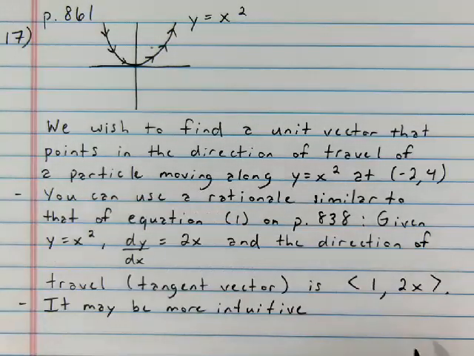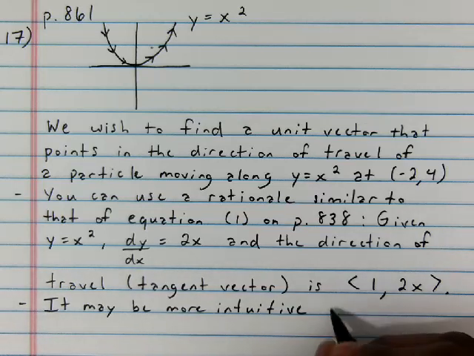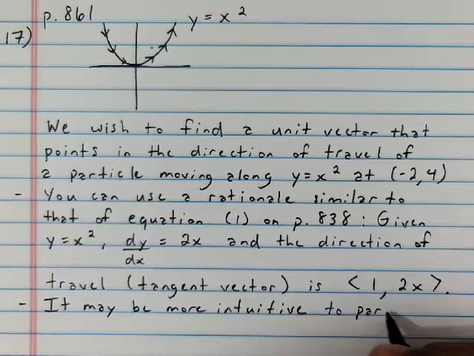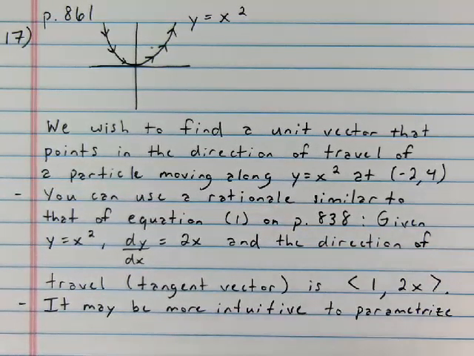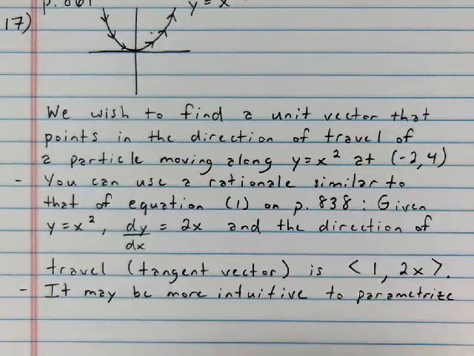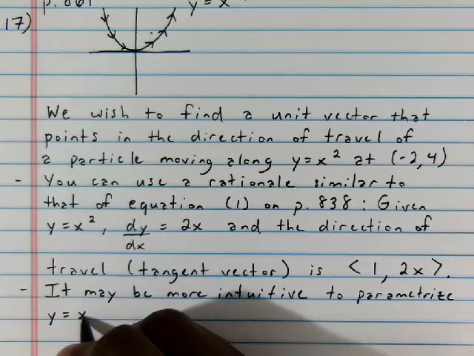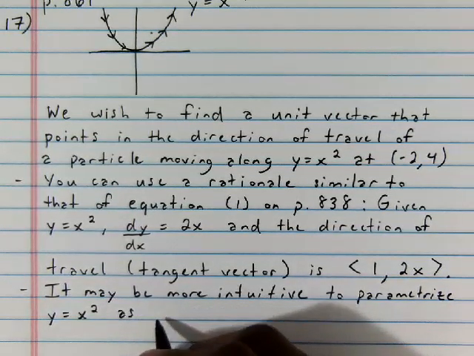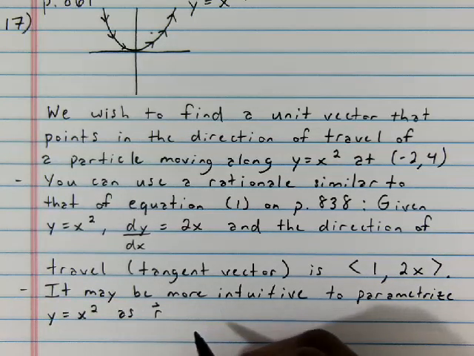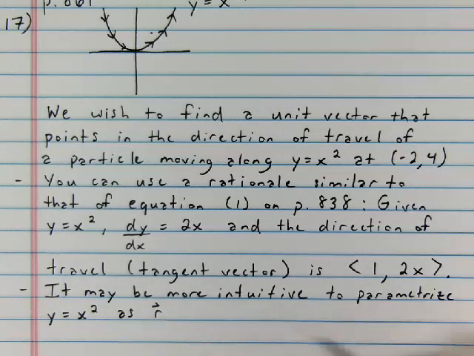Either one of those works, and they're going to give you the exact same thing. So to parameterize y equals x squared, you can do r of x or r of t.